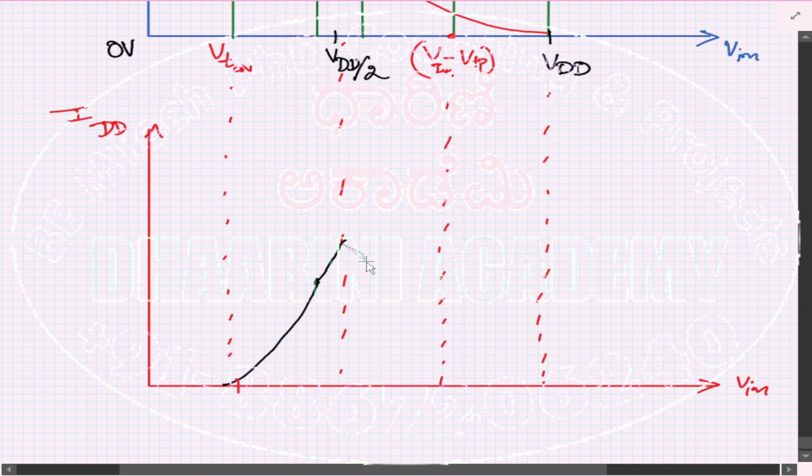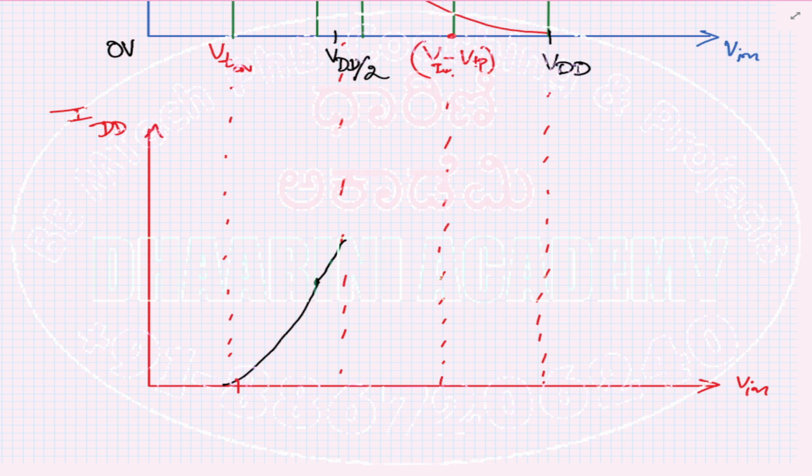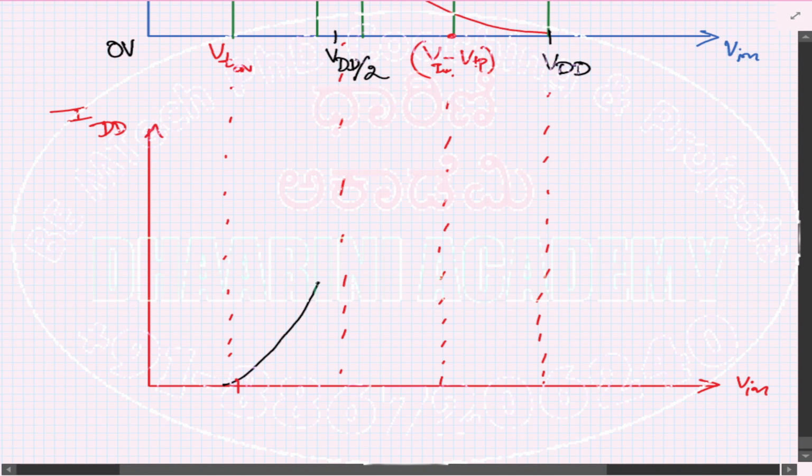I'll slightly modify it, just one second. Okay, so let's make it smooth. It will go to a peak value and it will come down. Very similarly, it will come down, down, down, and it will reach zero after this, because after this none of the devices is on, right? So here also the device is off.